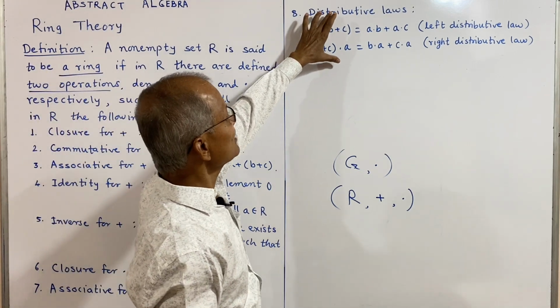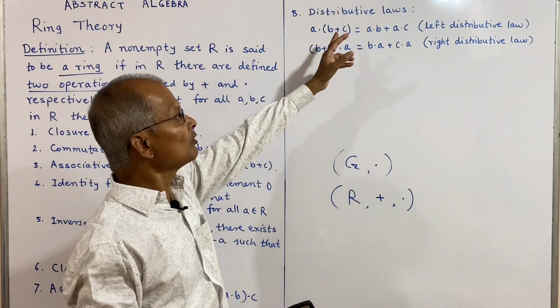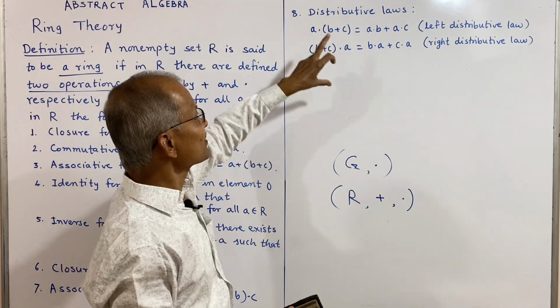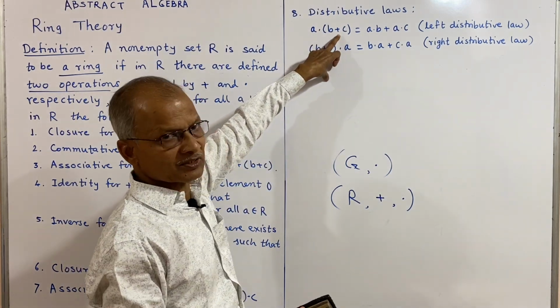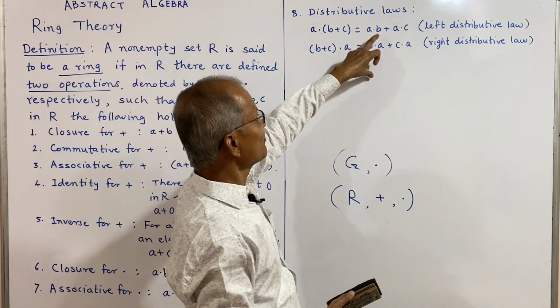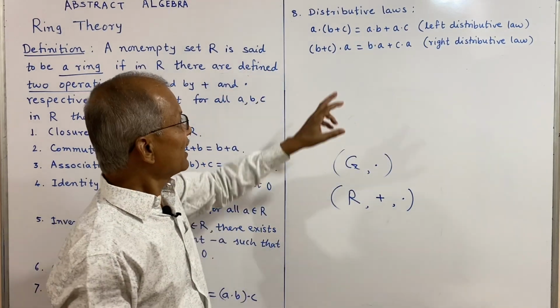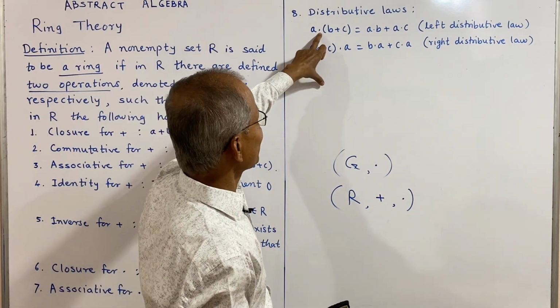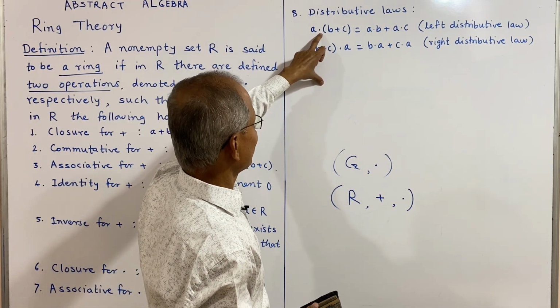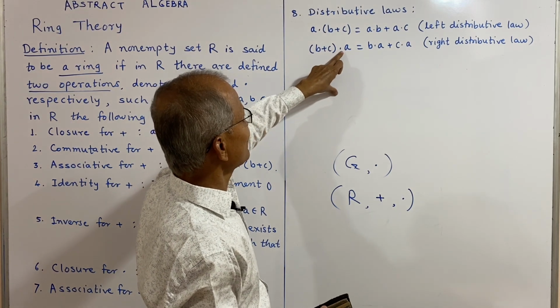And now these are the distributive laws, which are with respect to dot and plus. We say the dot is distributive over plus. A dot in bracket B plus C is equal to A dot B plus A dot C. This is the left distributive law, because the dot operation is on the left first, and here first B plus C is written and then dot.